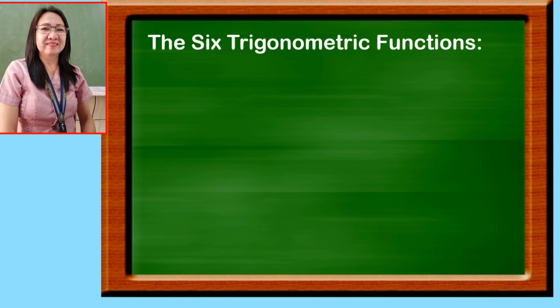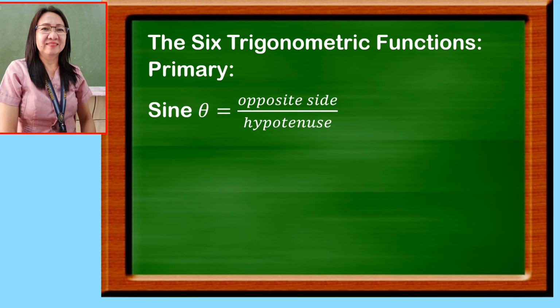So for this, let us have first a recall about the 6 trigonometric functions. The primary trigonometric functions are the sine theta, which is described as the opposite side over the hypotenuse, or in the acronym, we have SOH. S for the sine, O for the opposite side, and H for the hypotenuse.